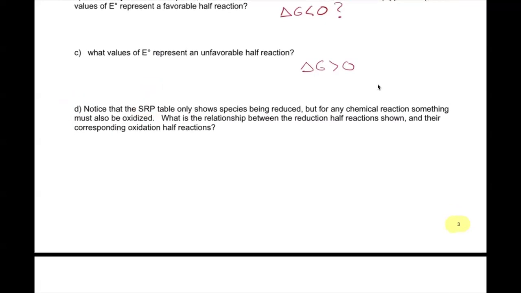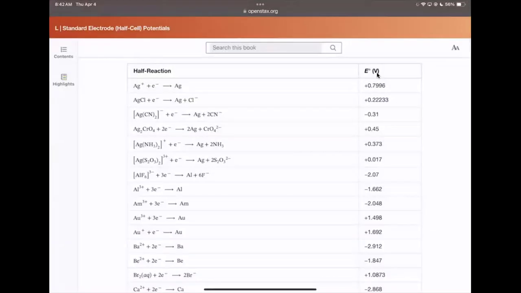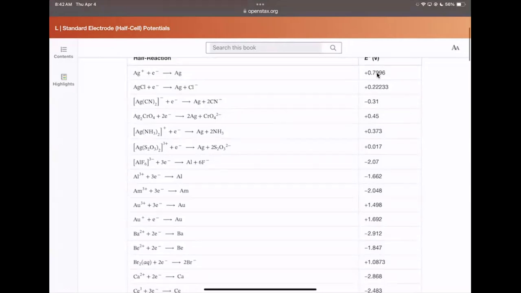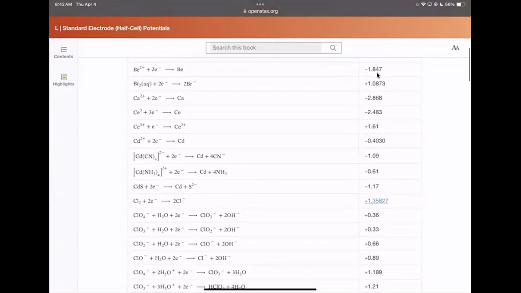And so if I go back to that table for a second, when you look at this table, in our E naught values, we have our values of our cell potentials. If you look at the half reactions, every reaction listed here is a reduction. It's always something plus electron goes to something else.